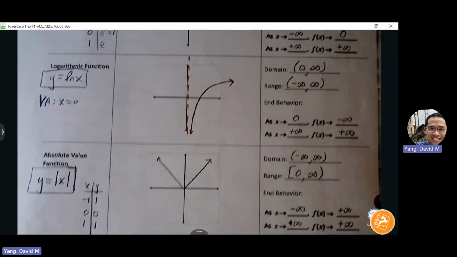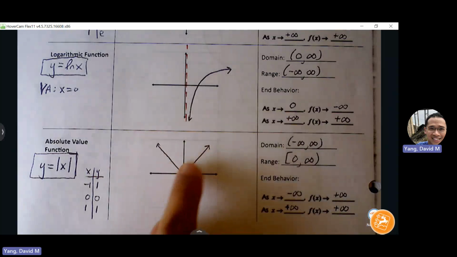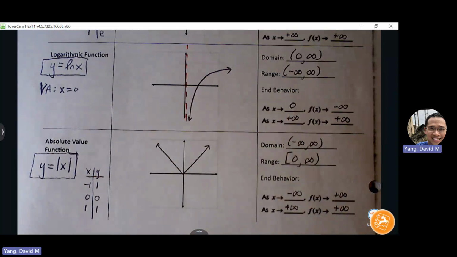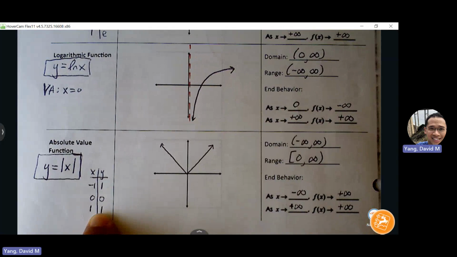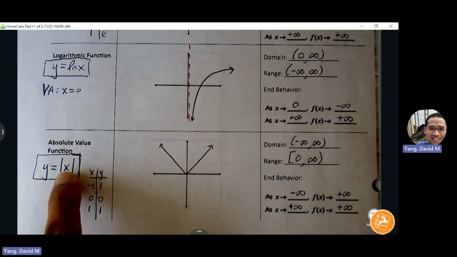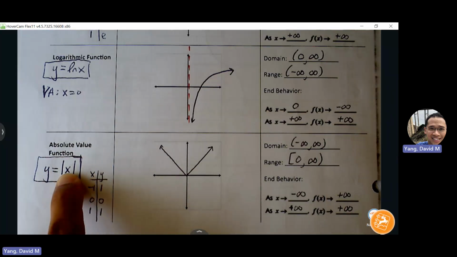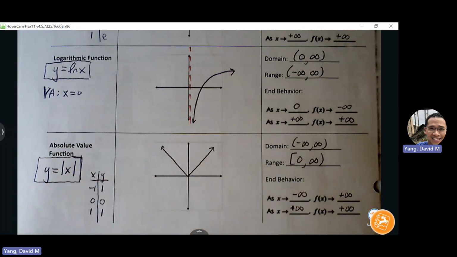Absolute value function, we're going to see this a bit as well. The absolute value function looks like a V, either a V that's right side up or a V that's upside down. If I use my ordered pairs here and plug in values around 0, I can quickly get the picture of this graph. If I put -1 into this notation, that -1 is going to cause the output to become positive.